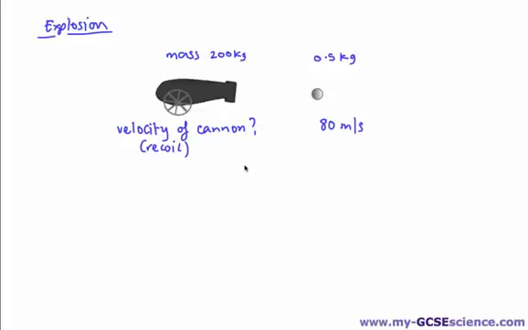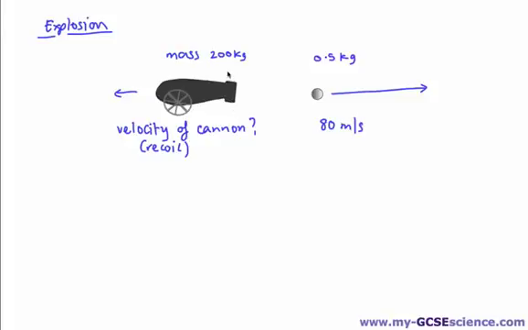Now, how do we work out the velocity of the cannon in this scenario? The cannon is going to fire back or shoot back that way, and we call that recoil. The cannonball is going to shoot off that way. So how do we work it out? Well, again, the conservation of momentum is important, and if we look at the momentum before this explosion has happened, none of them are going to be moving.